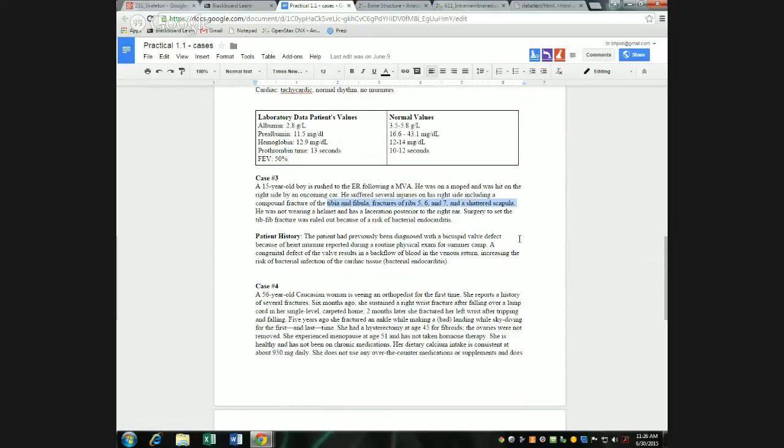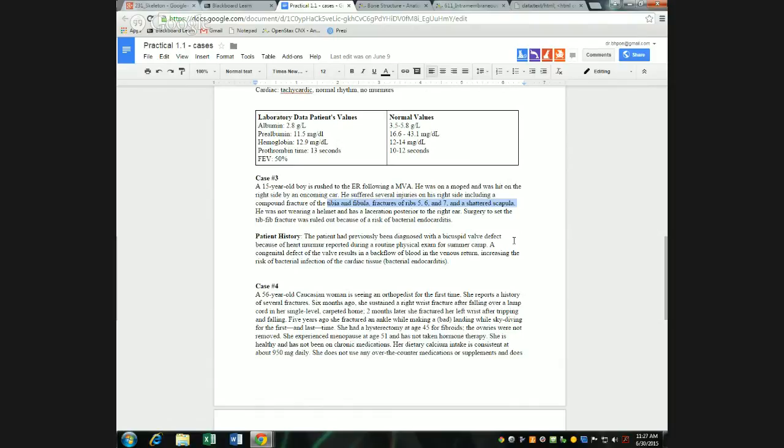So I've highlighted the ones in case 3 that are mentioned. Case 4, it's kind of hard to highlight the same way. But with what I handed out to you, find those bones. And what I would suggest you do is look at those bones and look at the information you need to know. You need to recognize particular markings.